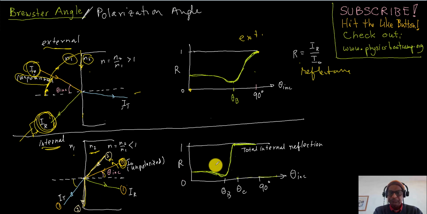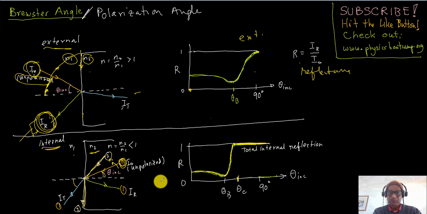So here, there's a dip at this special angle, and then there's another special angle beyond which it all gets reflected. There's nothing in the other medium.